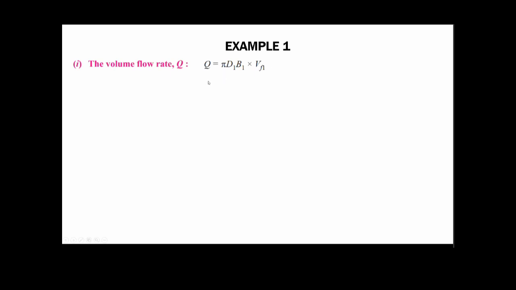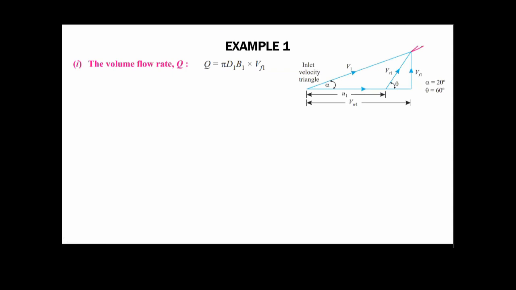We have the area at the inlet given in the question, but we don't have the information about VF1. Before we move further, let's have this velocity triangle at the inlet as our reference.